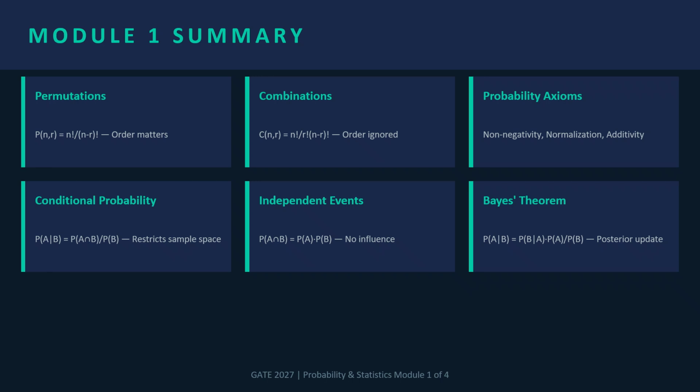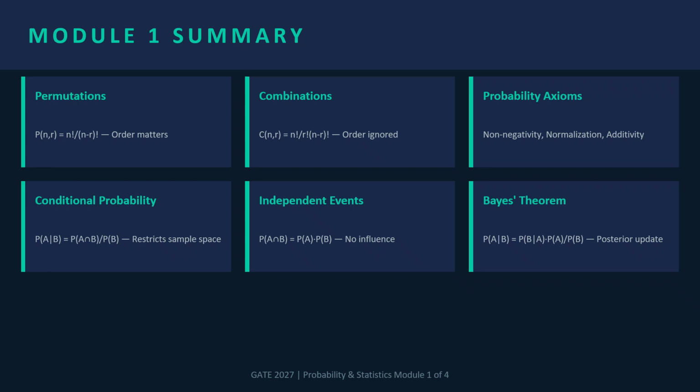Additivity, in case of exclusive events, the probability of both the events together will be equal to the sum of individual probabilities. And conditional probability of A given B is equal to probability of A intersection B by probability of B.